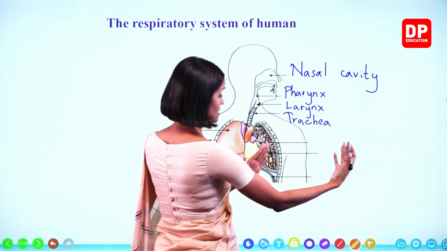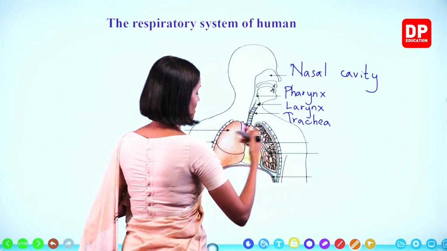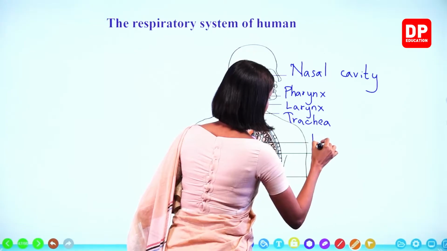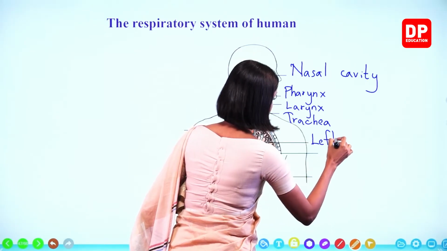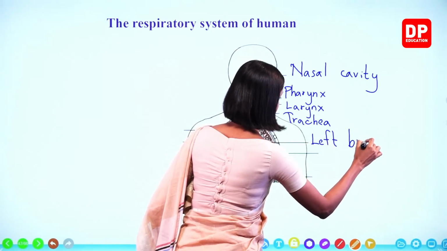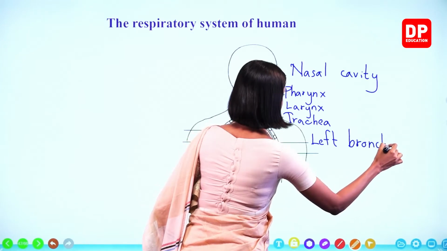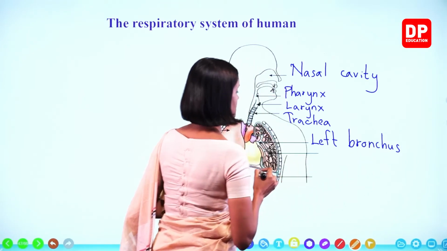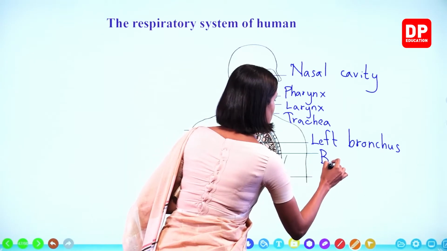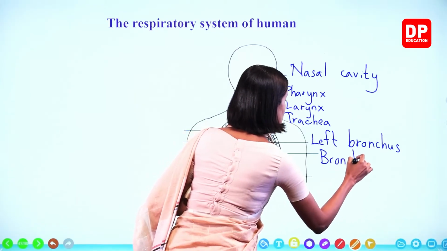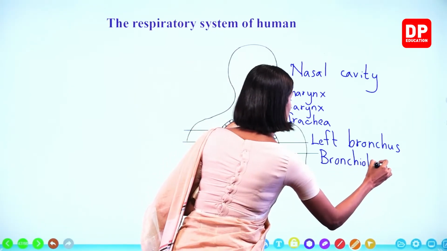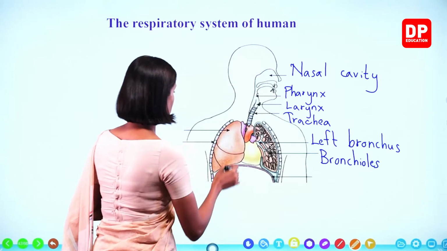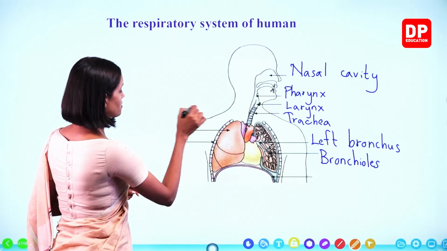Now this is the left side, this is the right side. Therefore, let's write left bronchus. Bronchioles. There are many branches here. And this is the right lung.